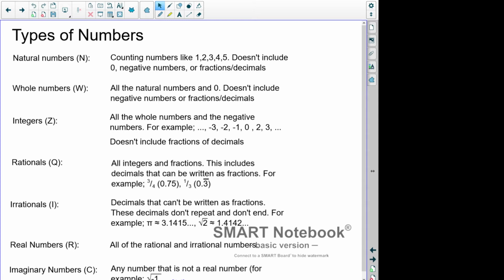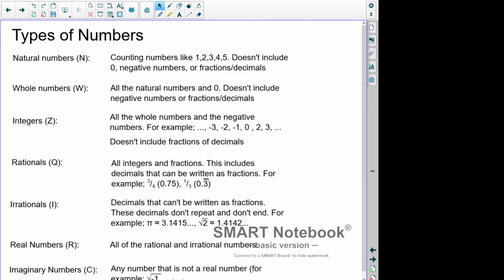And then we start talking about the rational numbers. The rational numbers are just any numbers that can be written as a fraction. So the numbers that are in between the integers, and not just the numbers that are in between, but the numbers that can be written as a fraction that are in between. So anything that can be written as an integer divided by another integer, we call that a rational number. We can represent rational numbers as decimals. We can represent them as fractions.